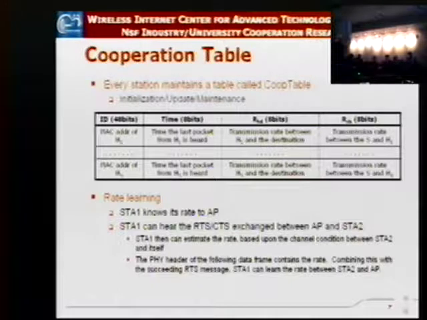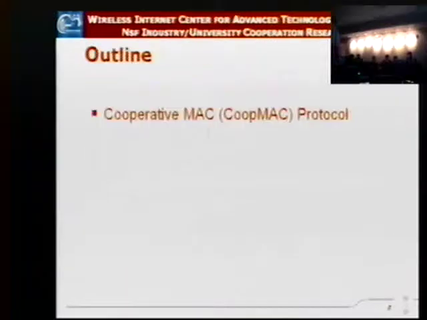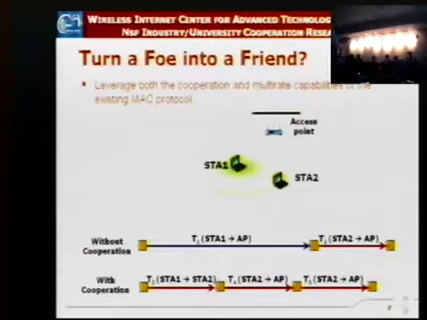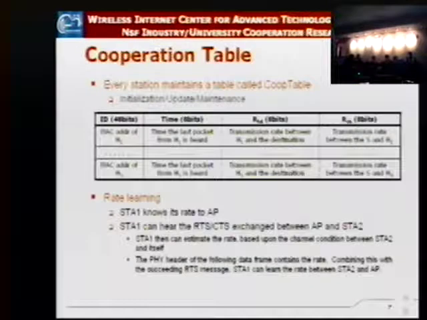So what is a candidate helper? A candidate helper is a neighbor that experiences a good channel with both the transmitter and the receiver of a packet. So in our example, station 2 is a helper of station 1 because station 2 has a good channel with station 1 and with the access point.